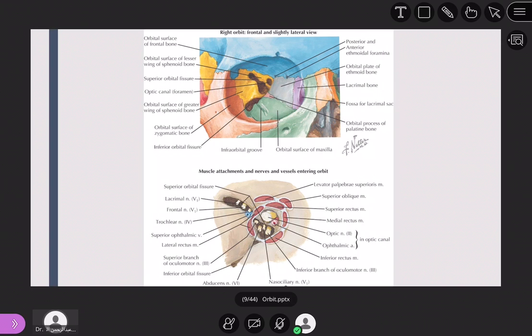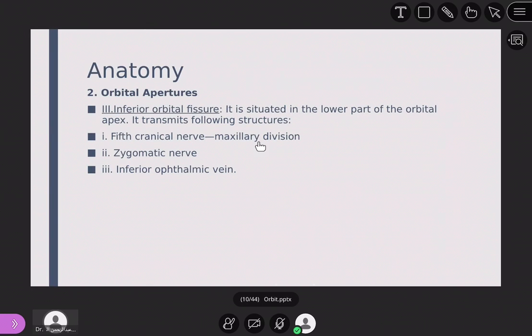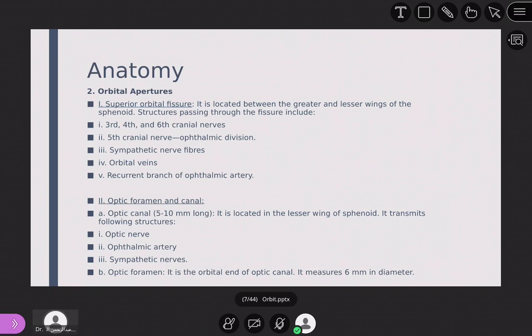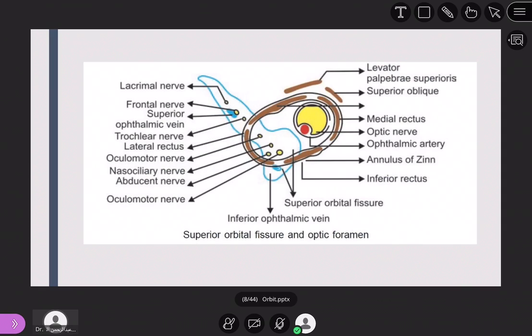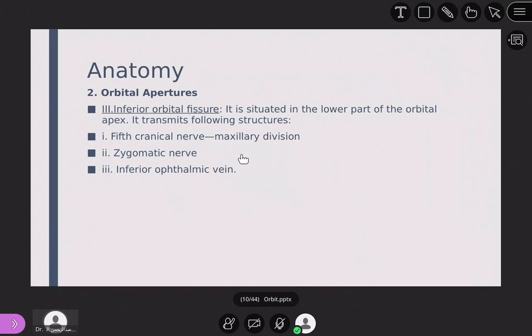In the inferior, we have the maxillary division of the fifth. We have the zygomatic. So this is the inferior orbital fissure.